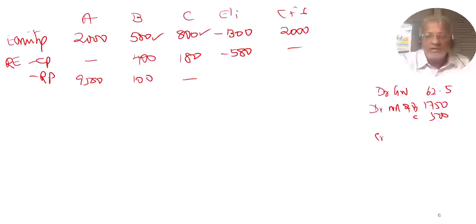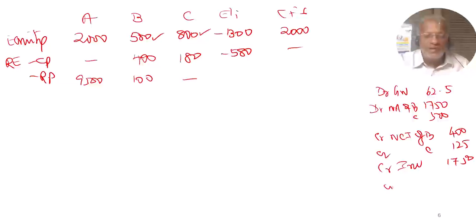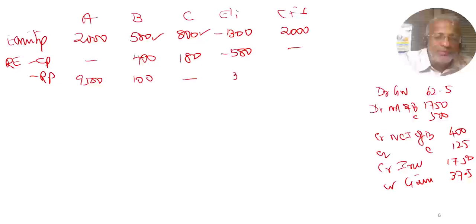Credit NCI of B, which is 400, NCI of C 125, and the investment which has got to be credited 1750, credit investment, because it is no longer an investment in consolidation, and credit has to be given to gain on sale, that being how much is that? 37.5.